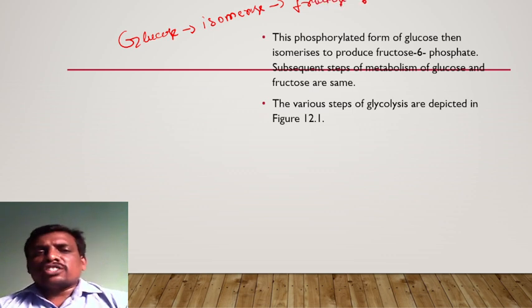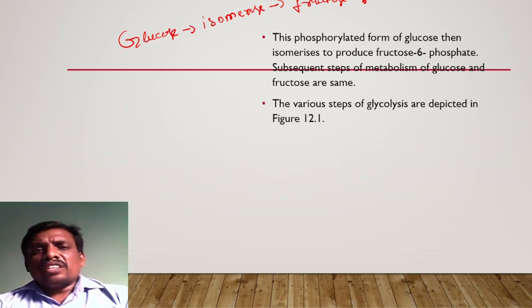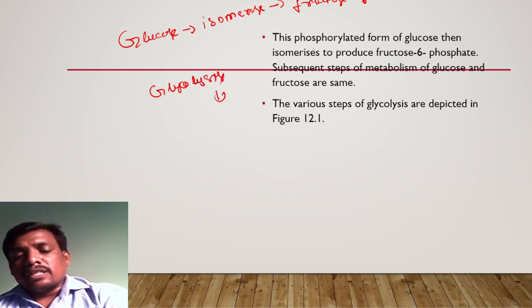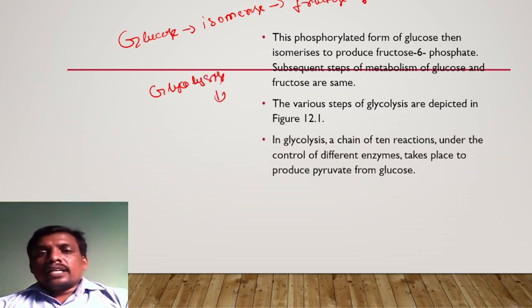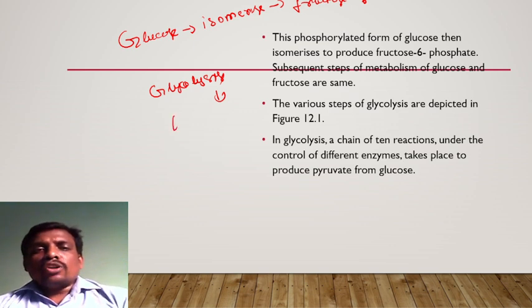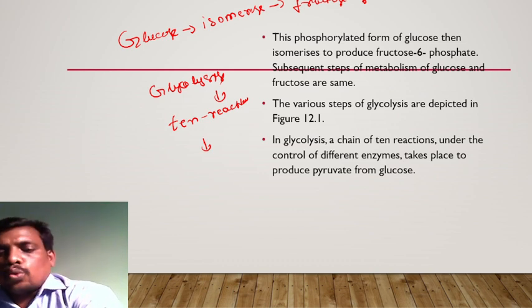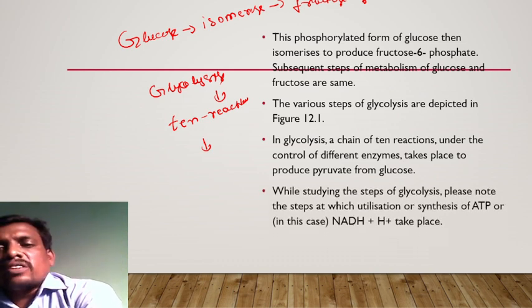In the initial reaction I have shown you the various steps of glycolysis, which are depicted in the figure. And in glycolysis, a chain of 10 reactions occurs under the control of different enzymes to produce pyruvate from glucose. 2 molecules of pyruvate are produced.